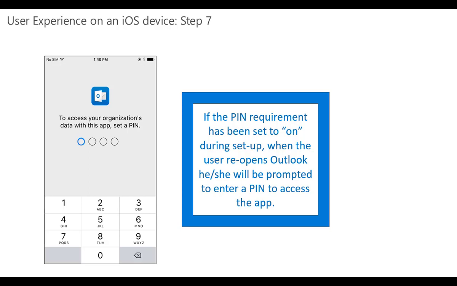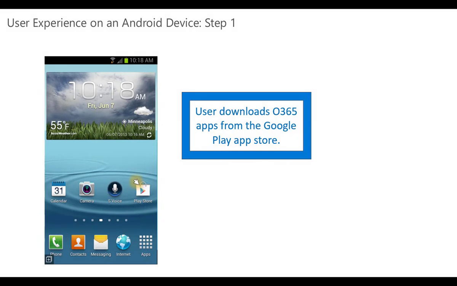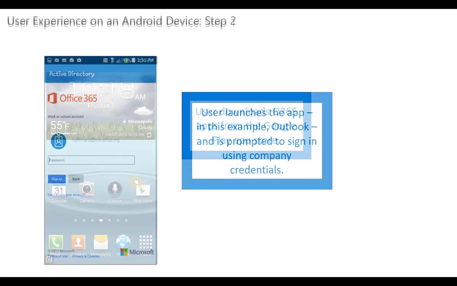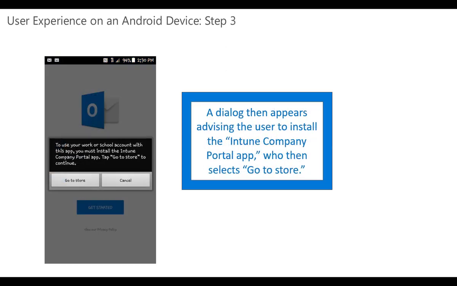So let's again look at the initial setup here for an Android device. So the user's going to download the applications from the Google Play Store again, so the Outlook, SharePoint and so on. And when they launch those apps, in this case it's going to be Outlook, they'll be prompted to sign in using their company credentials.